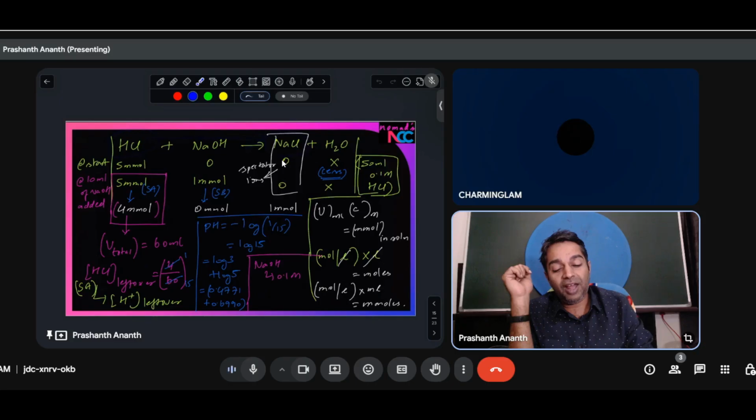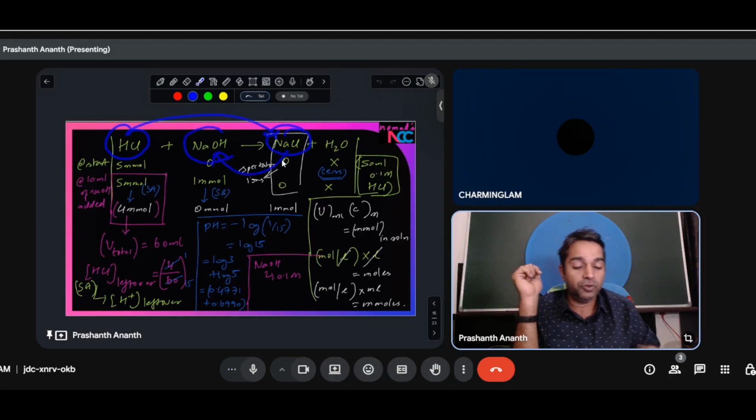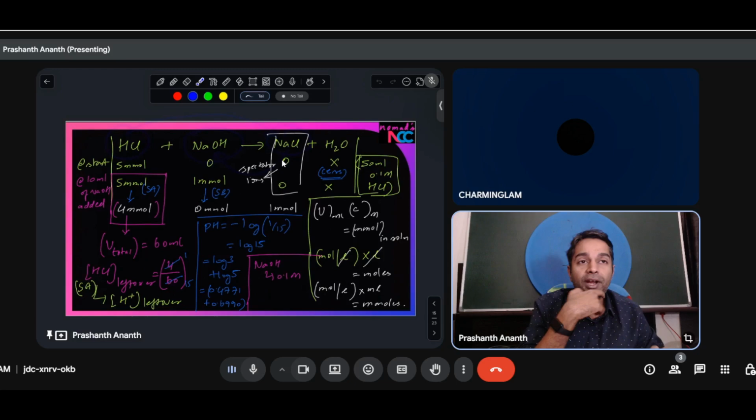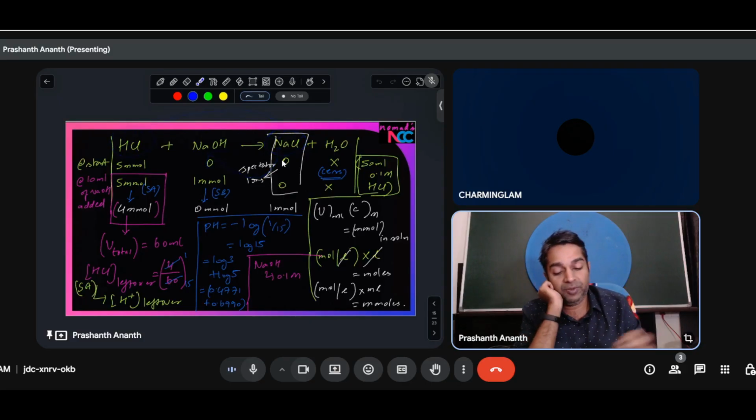Well, the extra acid to extra base is not HCl to NaCl as I showed there. Extra acid to extra base is from here to here. So first it will go from here to here, and then from here to the extra NaOH over here. It cannot go directly to extra NaOH. So first the HCl will get neutralized and become NaCl, and then the NaCl will end up having a little bit of extra NaOH present in it.